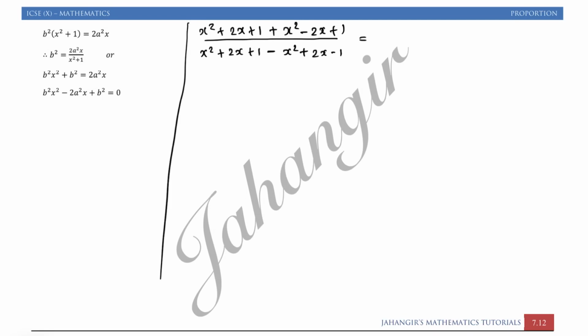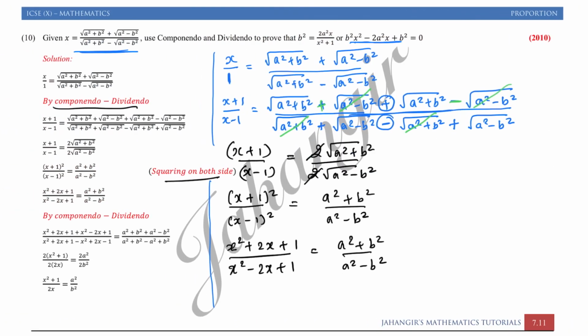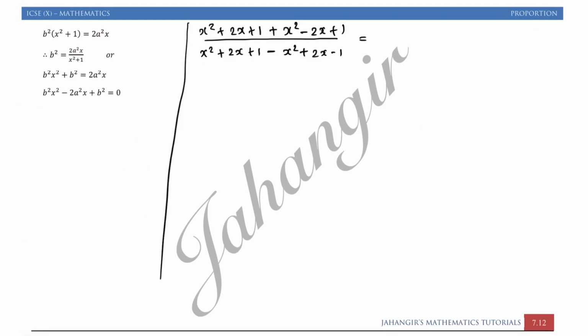And here I had, let me check once, a square plus b square upon a square minus b square. So I can write (a square plus b square) plus (a square minus b square) whole upon (a square plus b square) minus (a square minus b square). Here when I am writing minus, I have to change this sign.